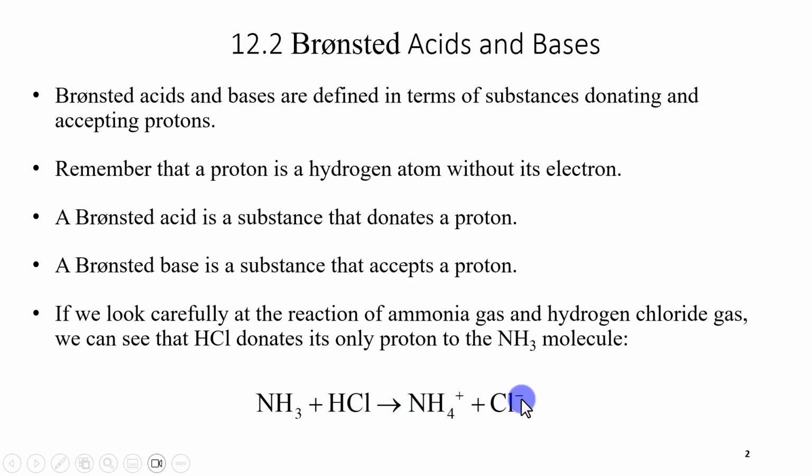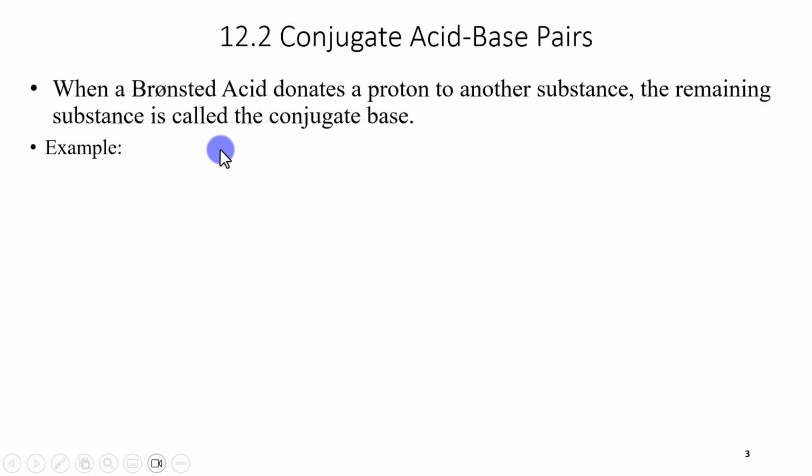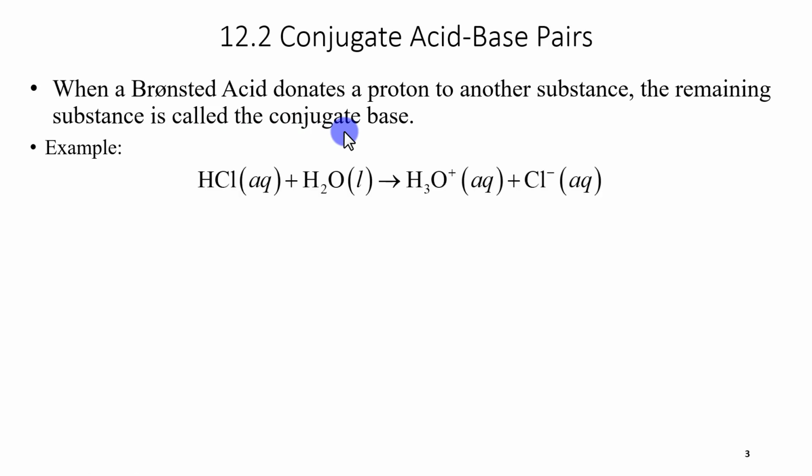What's left over is the chloride anion, Cl minus 1. When a Bronsted acid donates a proton to a base, to another substance, what is left over from the acid after the donation is called a conjugate base.